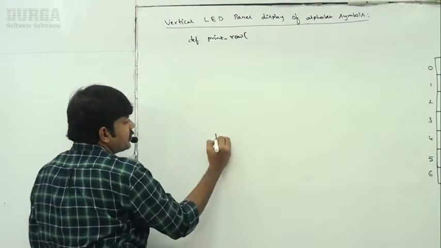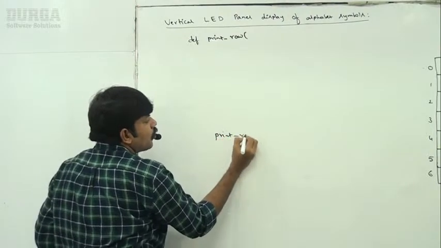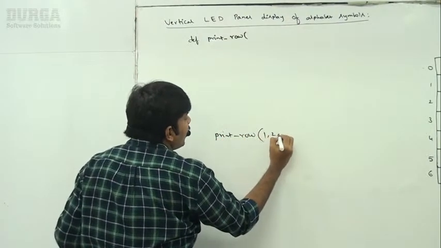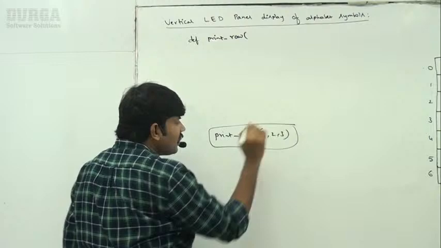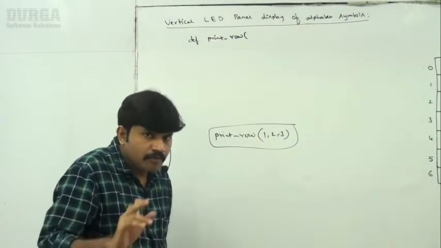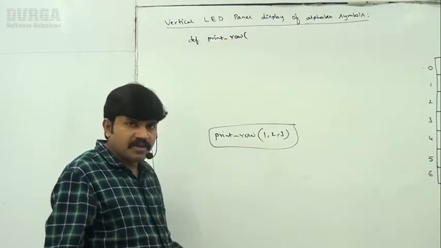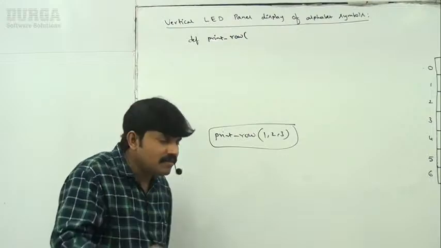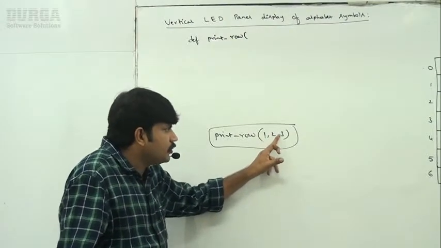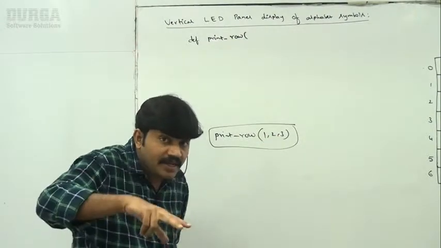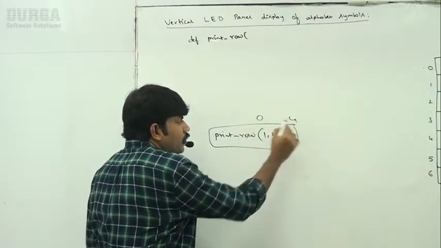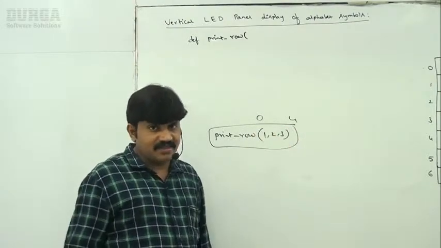Suppose I'm calling this function, print_row(1, 2, 3). What is the meaning of that? Boss, can you please print star symbols in the 1st, 2nd and 3rd positions, and in the remaining 0th and 4th positions, please take spaces. This is the meaning.